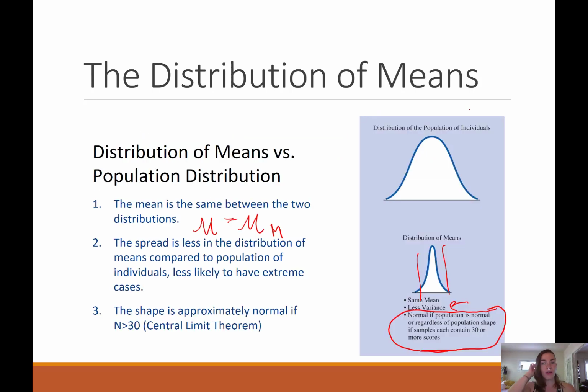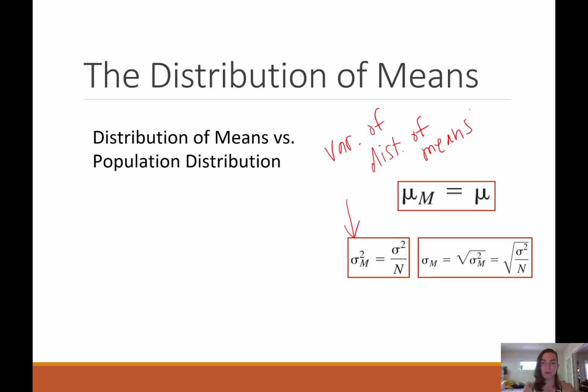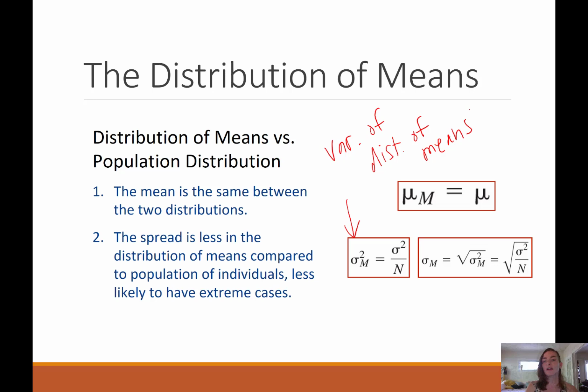It's expected to be smaller in the distribution of means. So here we make a correction to the population variance term by dividing by n. And that correction will get us a slightly smaller but related term for the variance of the distribution of means.